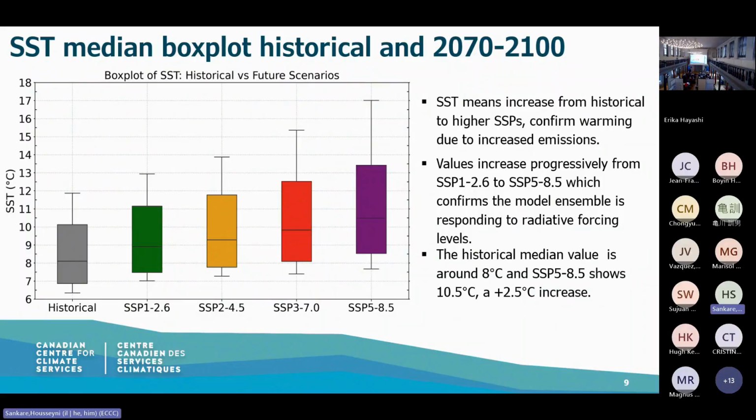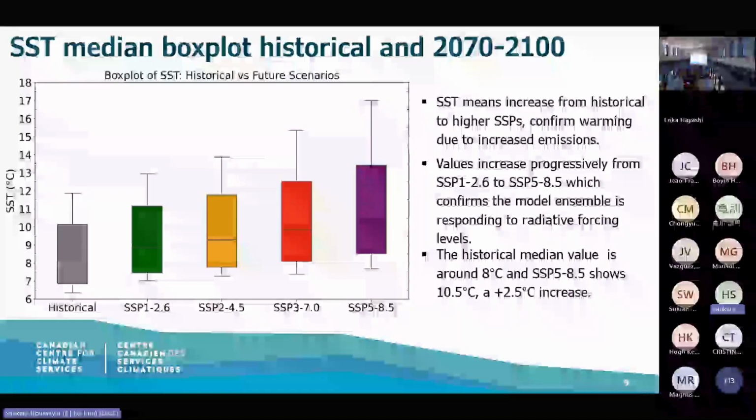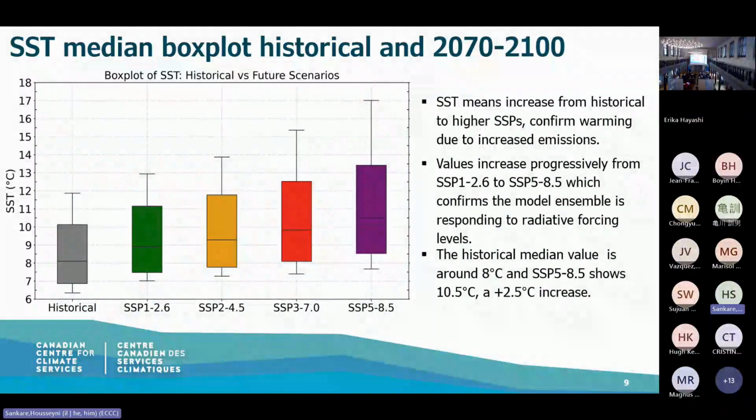There is a clear progression in SST mean value from the low scenario to the higher scenario, reflecting the model ensemble sensitivity to increasing radiative forcing. This confirms that SST projection responds to the level of greenhouse gas emissions.